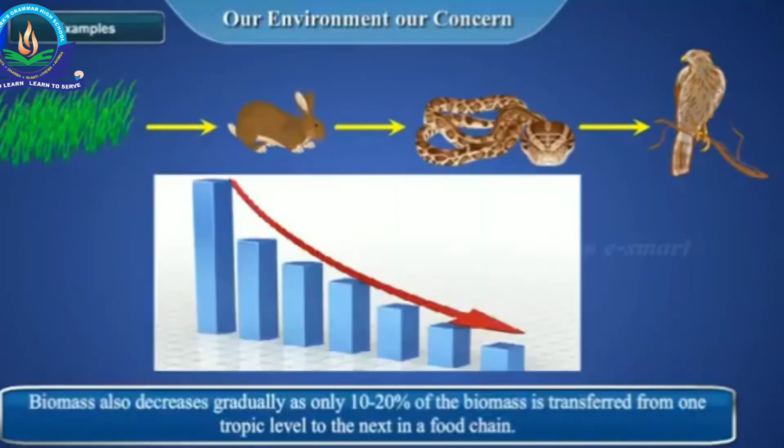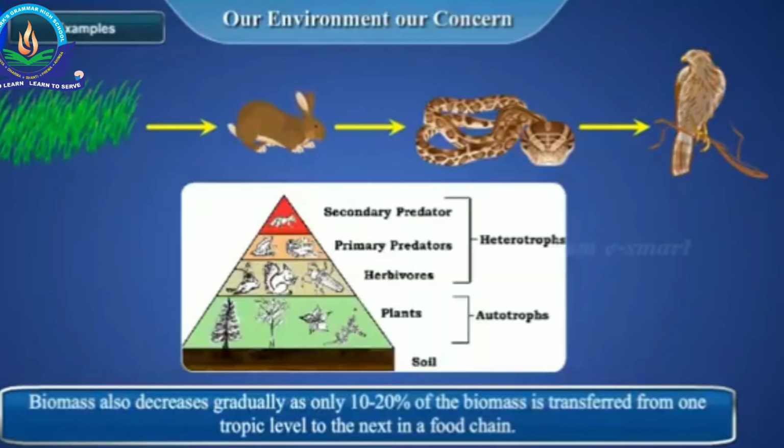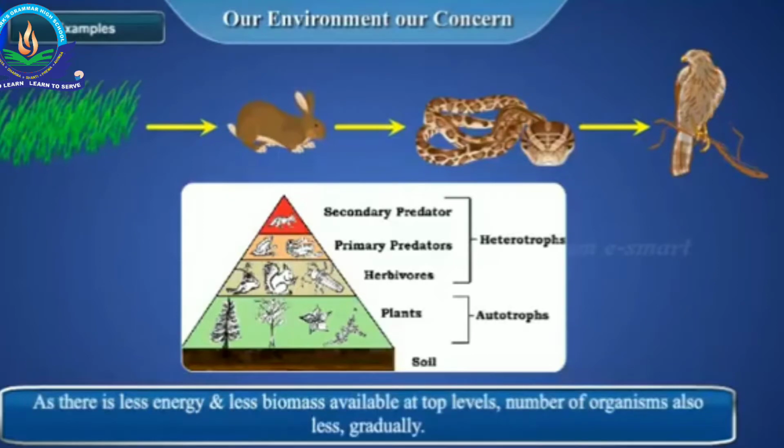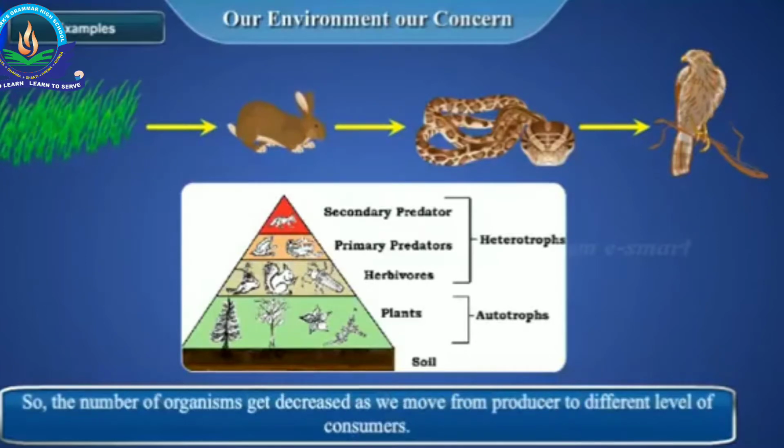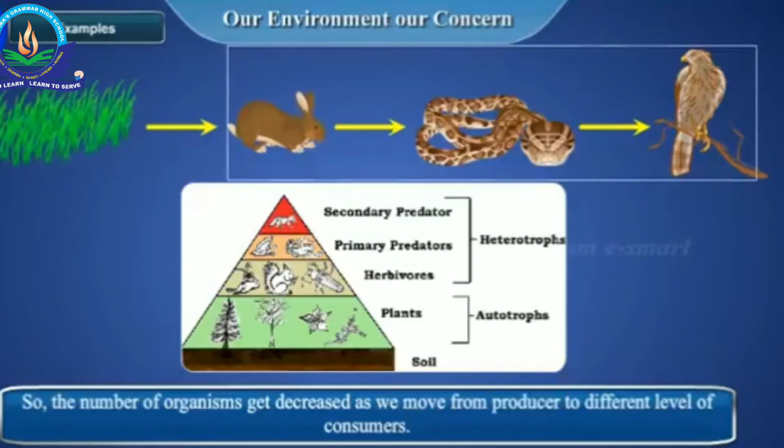Biomass also decreases gradually, as only 10 to 20% of the biomass is transferred from one trophic level to the next in a food chain. As there is less energy and less biomass available at top levels, the number of organisms is also less. So, the number of organisms decreases as we move from producer to different levels of consumers.